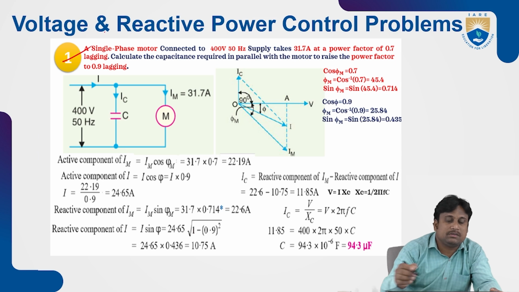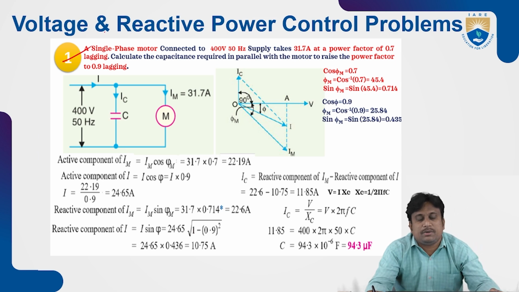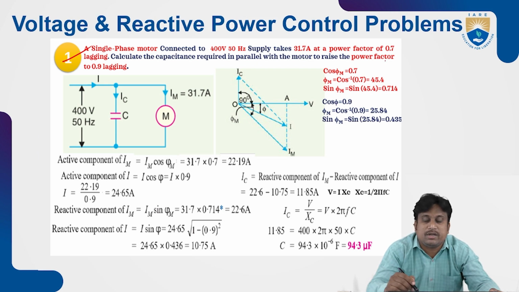Next problem: a single phase motor connected to a 400 volt 50 Hz supply takes 31.7 amperes of current at a power factor of 0.7 lag. Calculate the capacitance required in parallel with the motor to raise the power factor to 0.9 lag.